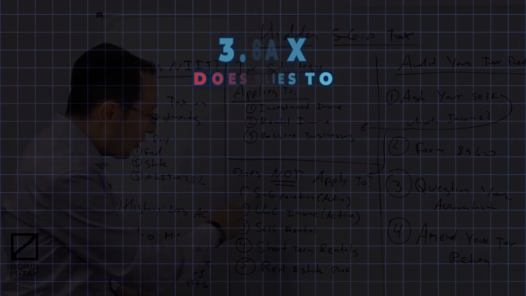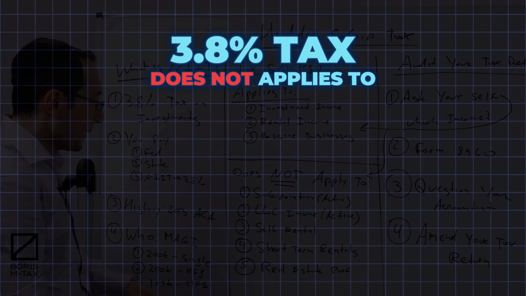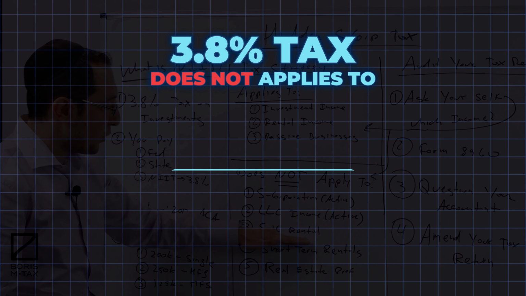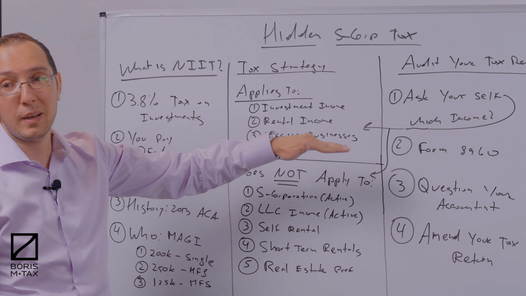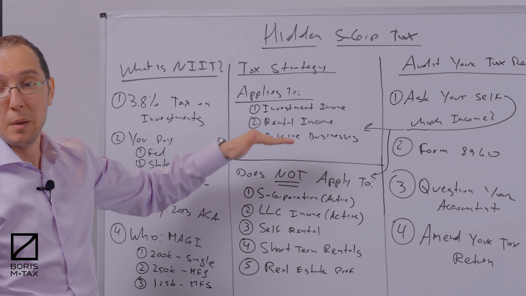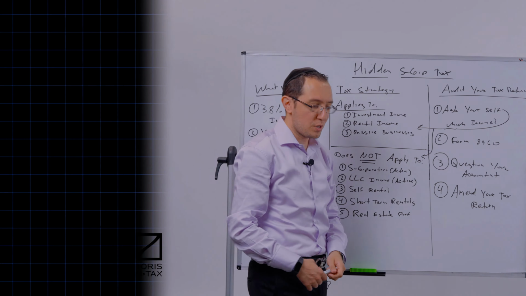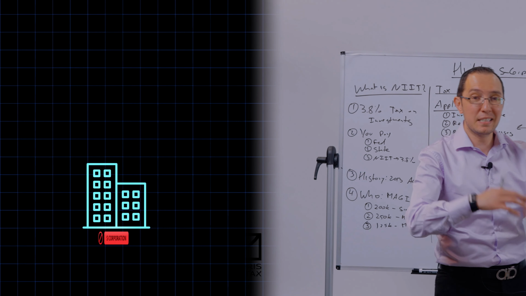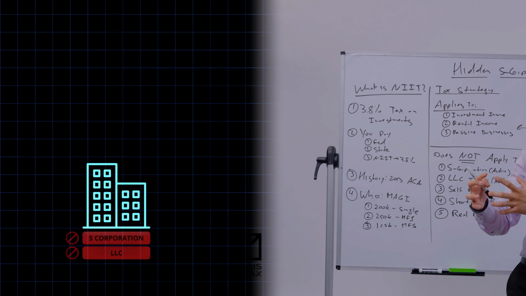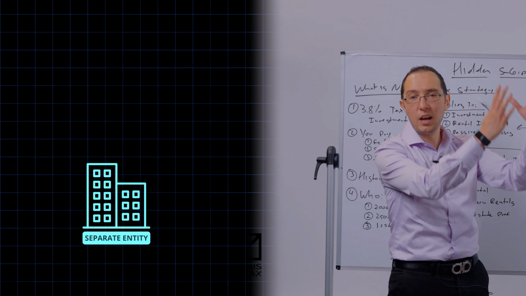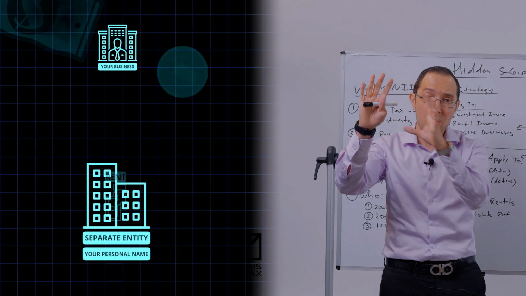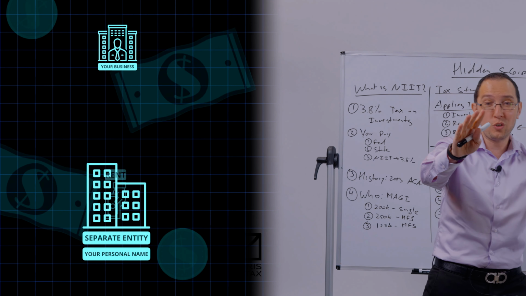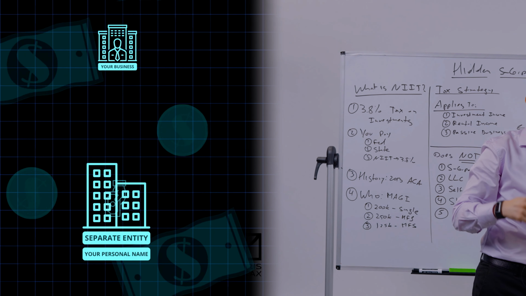Now, another area where you will not be paying a net investment income tax is if you have a self-rental. Remember, I said earlier that you pay a net investment income tax on rental income. But if you have a self-rental, meaning you have a building that is not in your S-corporation or in your LLC, it's in a separate entity or even under your personal name, and you pay rent to yourself from the business, by the way, it's one of the great strategies. You can check out more videos that I have on it.